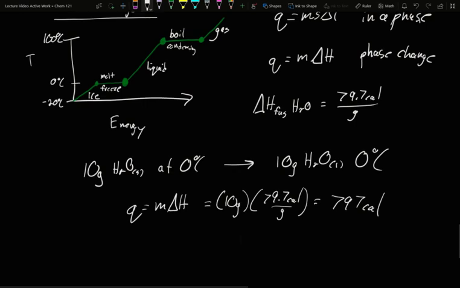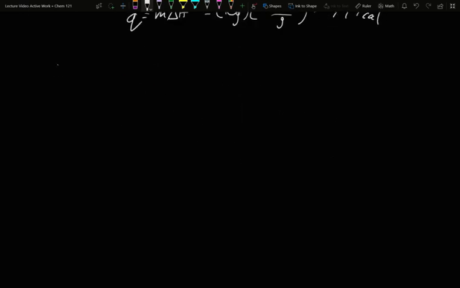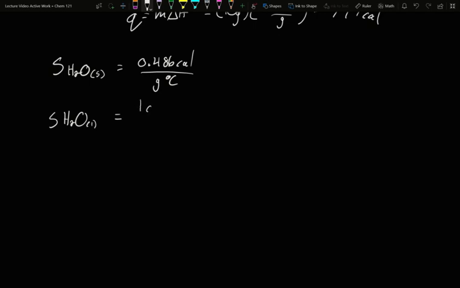Now, what values will you need? S values for water. If you are a solid, it is 0.486 calories per gram degrees Celsius. S value for water, if you're a liquid, well, we said that was 1 calorie per gram degrees Celsius. That was the definition for the calorie.